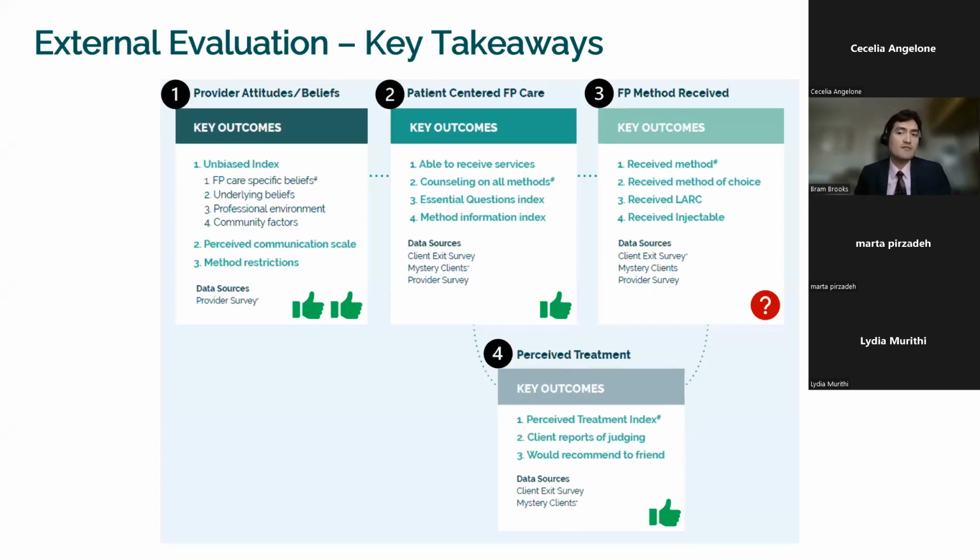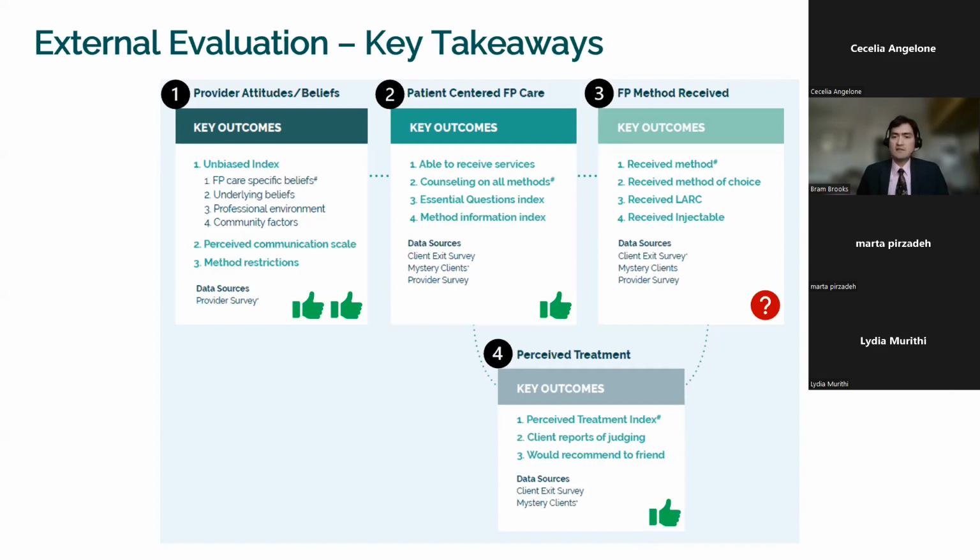For the quantitative component, a randomized control trial used results from multiple data sources: client exit interviews, mystery clients, provider surveys, and FP service data to help us measure overall intervention impact. And the qualitative component involved in-depth interviews with clients, providers, facility managers, and key stakeholders to contextualize some of our empirical findings.